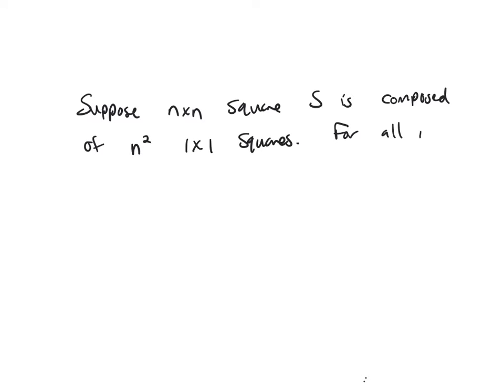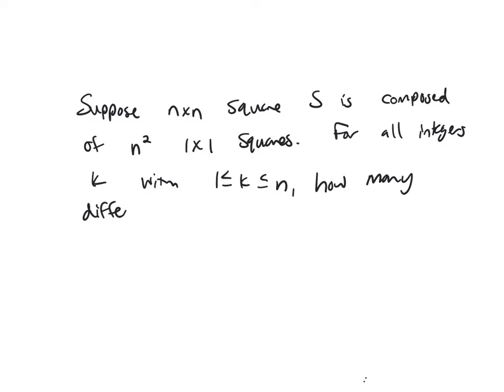For all integers k with 1 less than or equal to k less than or equal to n, how many different k by k squares does S contain?